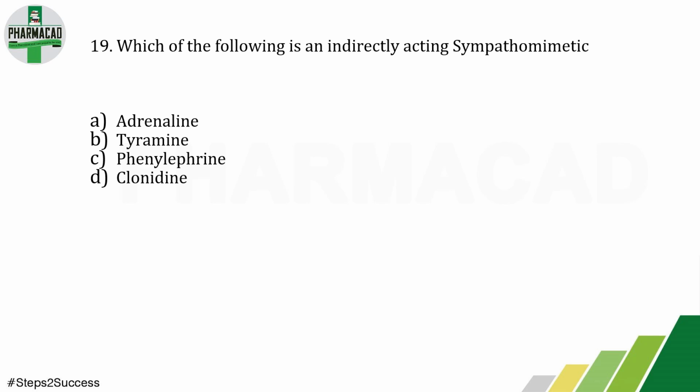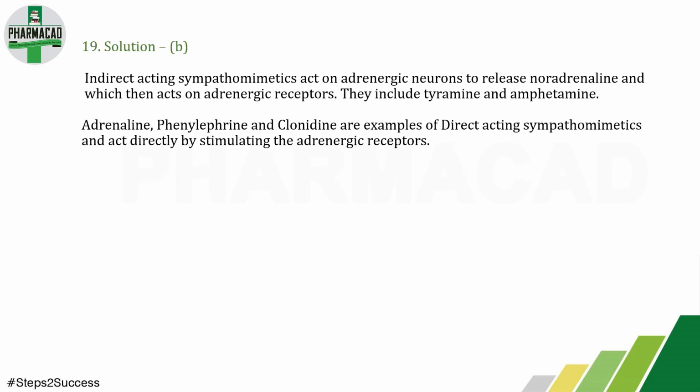Next question. Which of the following is an indirectly acting sympathomimetic? For this, you need to know all the drug classifications of the ANS. The options here are adrenaline, tyramine, phenylephrine or clonidine. So the solution is option B, that is tyramine.